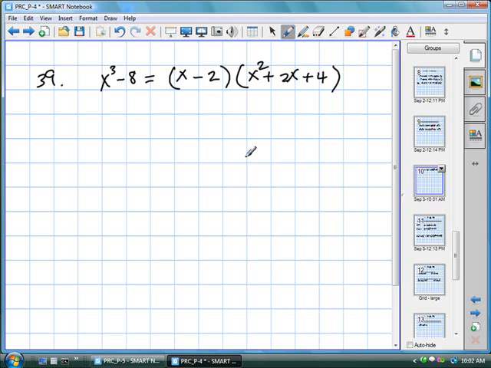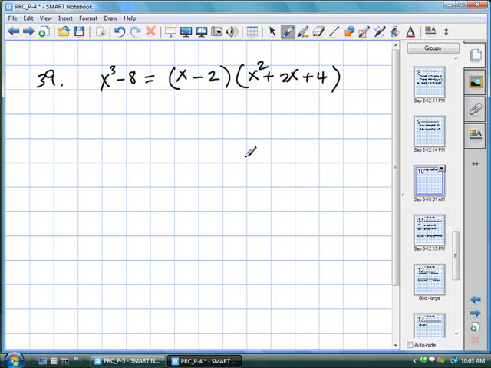Now, something unique about this is that the trinomial looks spookily close to being a perfect square trinomial, doesn't it? Yeah, I'm kind of a ding-dong. But anyway, why is that not a perfect square trinomial? The first and the last terms are perfect squares, but the middle term has to be what?